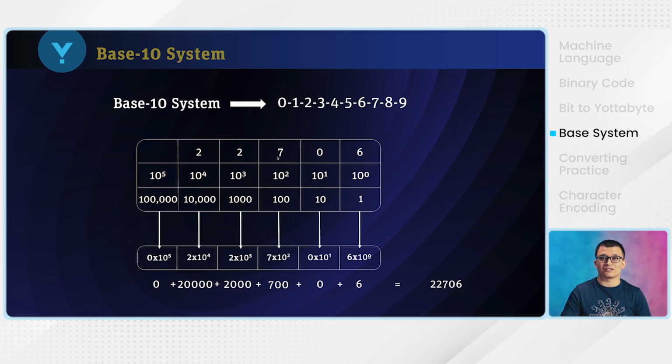And this calculation will be repeated for the remaining digits. At the end, if we add all those numbers up, its decimal value will be calculated as 22,706. Okay, based on this base 10 system. That's how the computer calculates this number 22,706 by using this base 10 system.